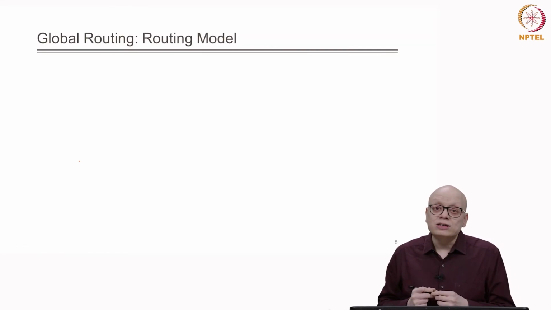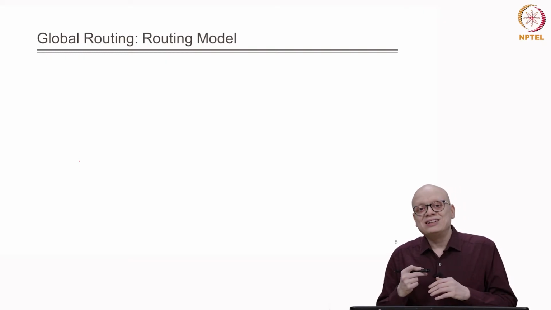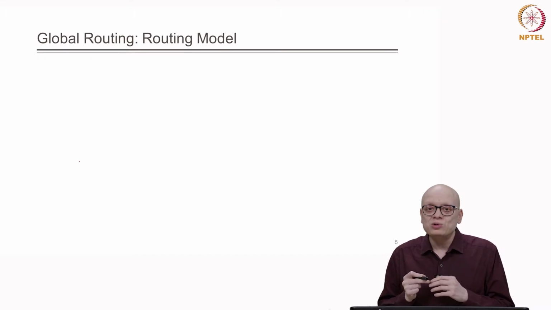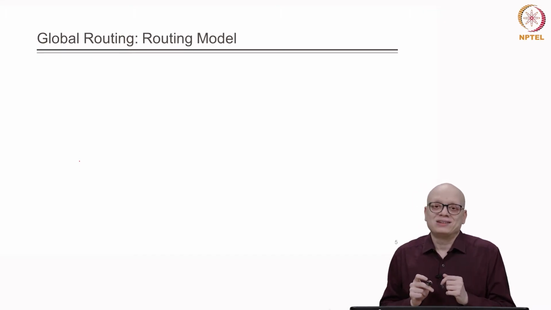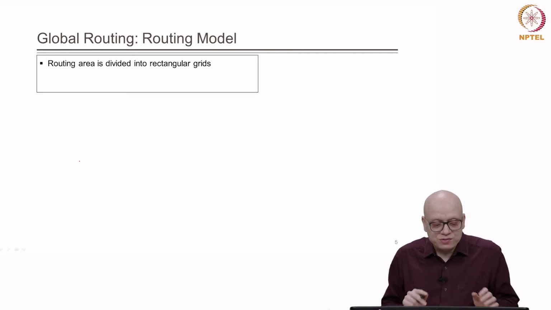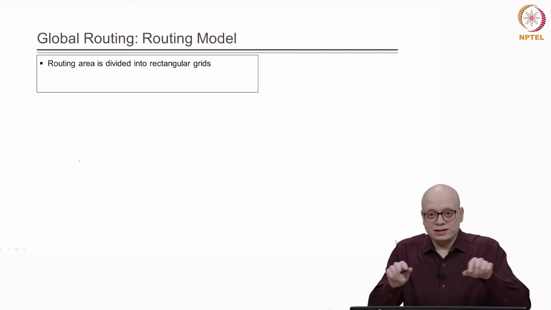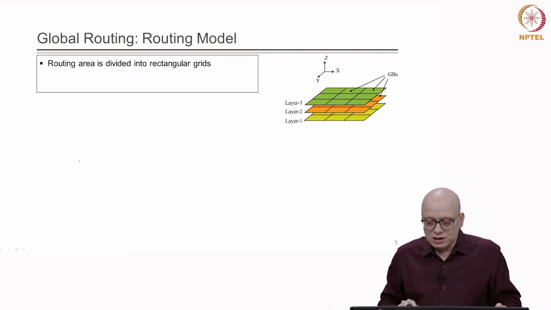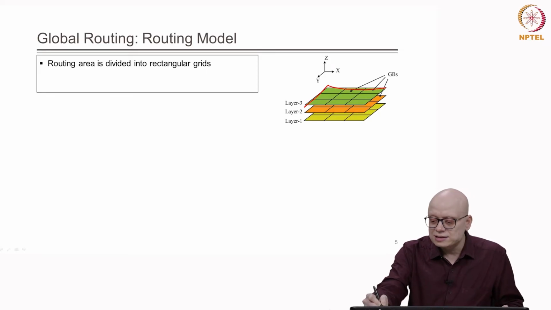Now, what is the routing model that is used? To make the global router fast, we use a specific type of routing model. We divide the routing area into rectangular grids. For example, suppose this was our layout, and suppose there are 3 metal layers.